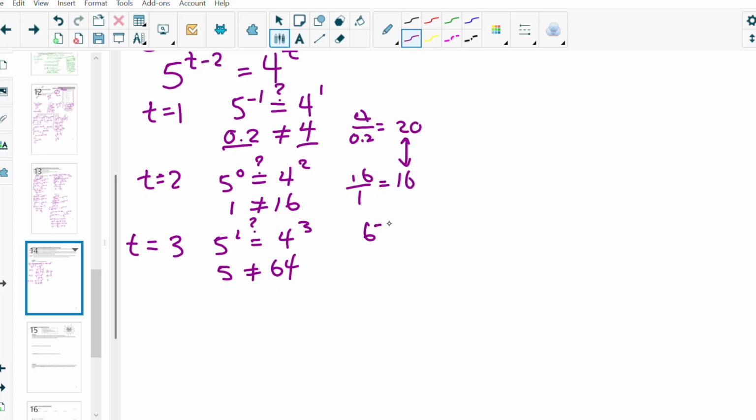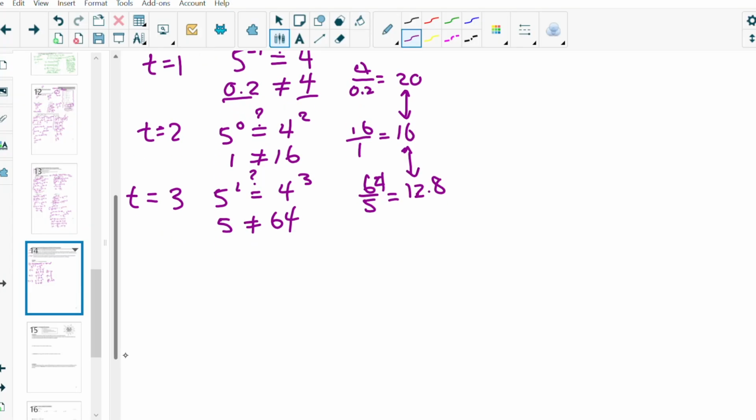But we're getting closer. 64 divided by 5, that ratio is 12.8. So you can see we're getting closer and closer. The ratio we're looking for is approximately 1. So we can keep going: t equals 4, t equals 5, t equals 6.